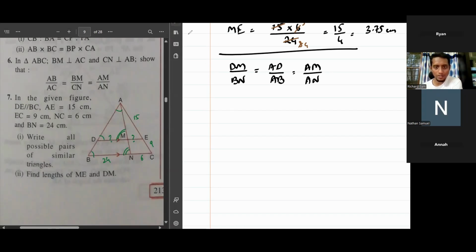So, can we say that this is also equal to AE upon AC? AE and AC are part of the big triangle. Even though we're not comparing those 2 triangles, since all the 3 triangles are similar to each other, we can compare. This is the small triangle. Which triangle is this? This is triangle ADM and triangle ABN.